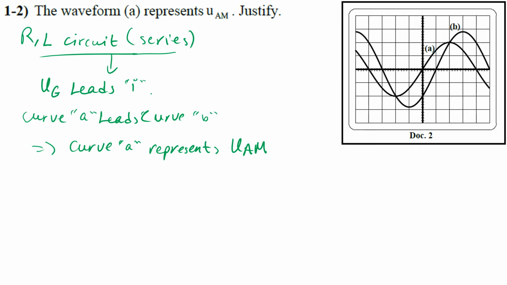So UG is the same as UAM, it leads I. So curve A leads curve B from the figure, then the leading one, curve A, represents UG, and curve B represents I. We will see this in another part.